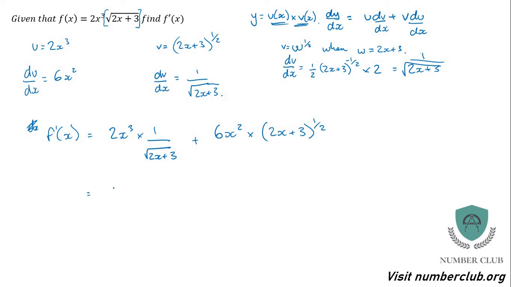A bit of tidying up, you'll get 2x cubed over the square root of 2x plus 3, plus 6x squared root 2x plus 3. Okay, so not too bad really. The only difficult part really is probably the chain rule.